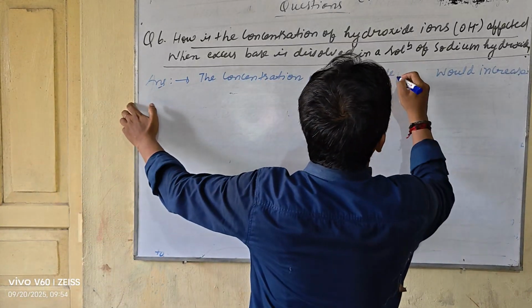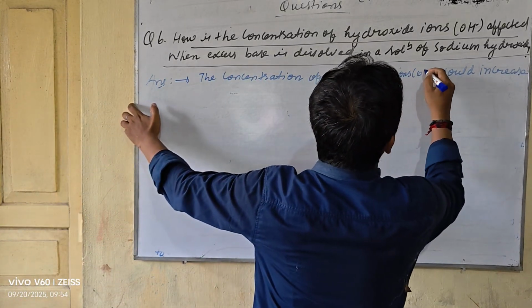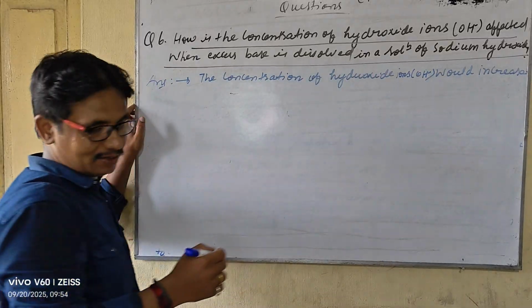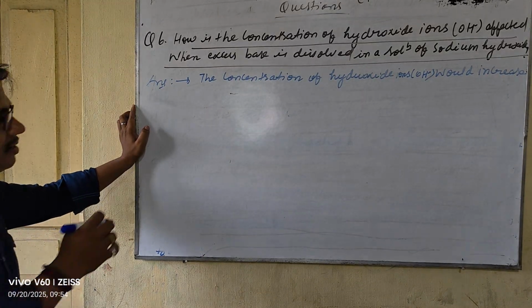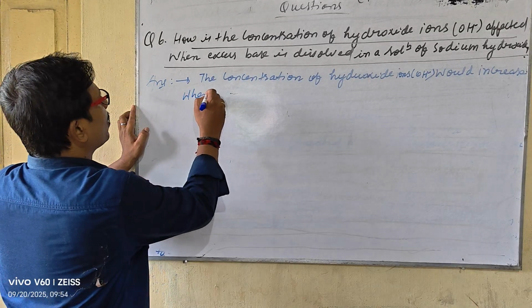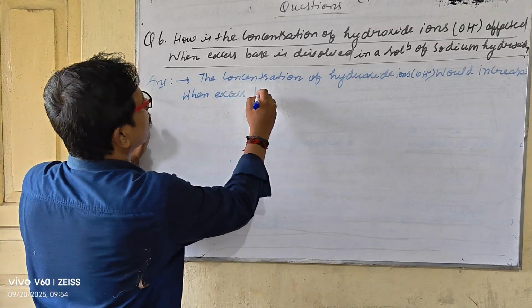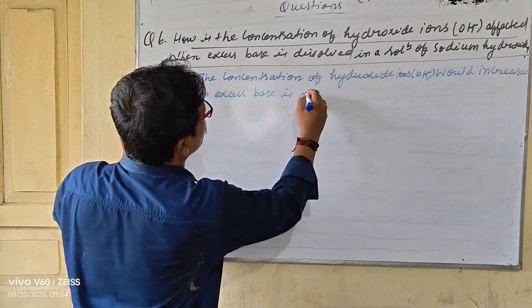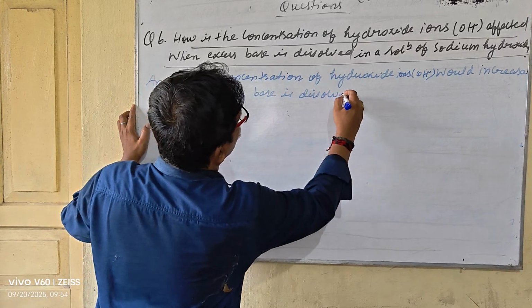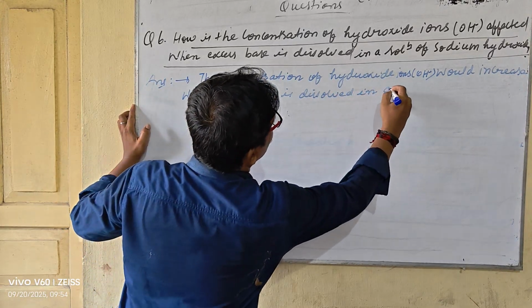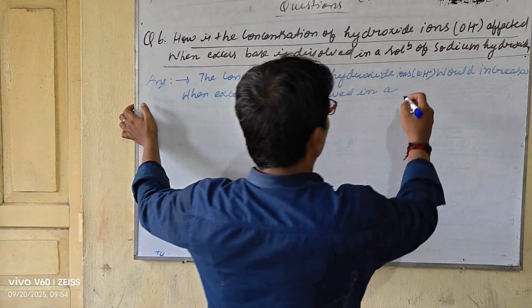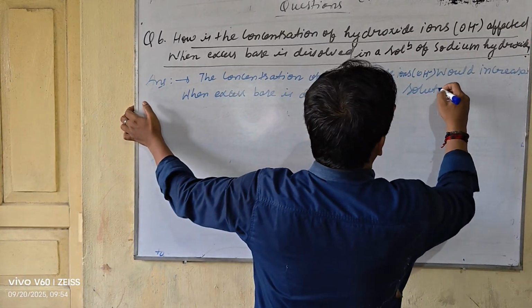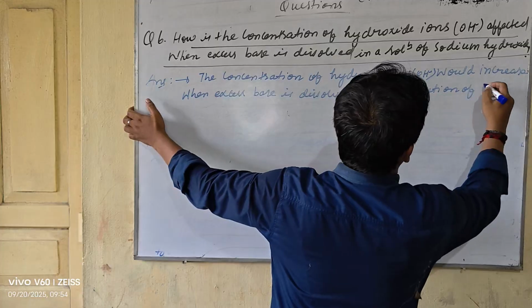Which means OH minus ions would increase when excess base is dissolved in a solution of sodium hydroxide.